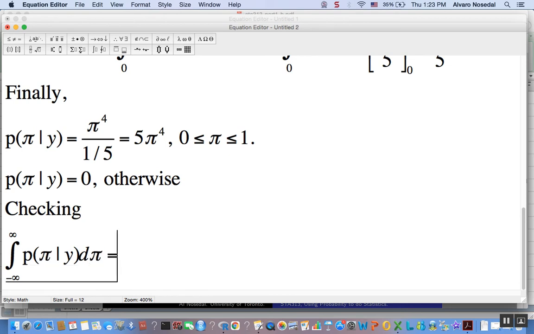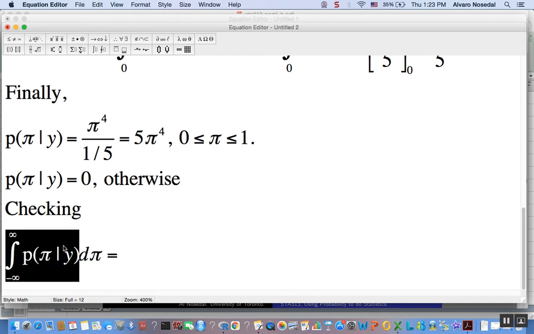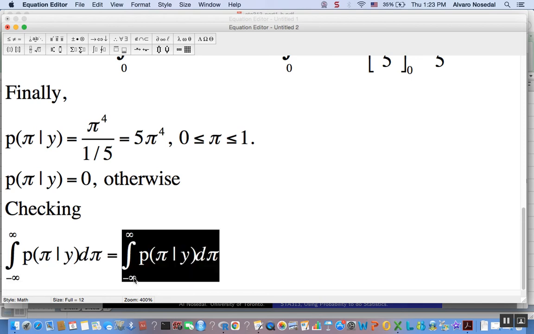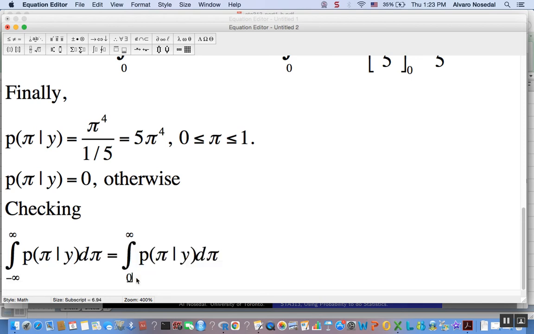So what I mean is that outside the 0, 1 interval we're going to have 0, so the only part that matters is the integral from 0 to 1 of 5 pi to the 4th, and that's easy, right?